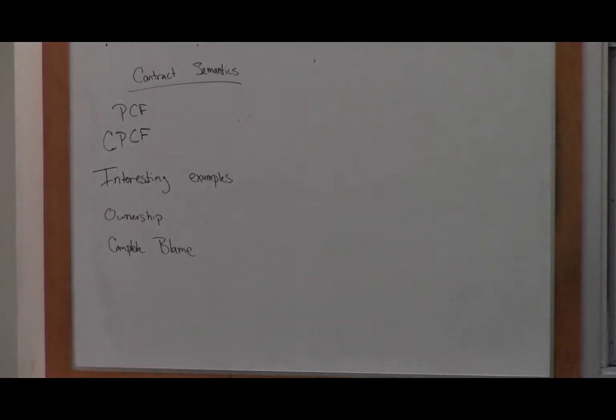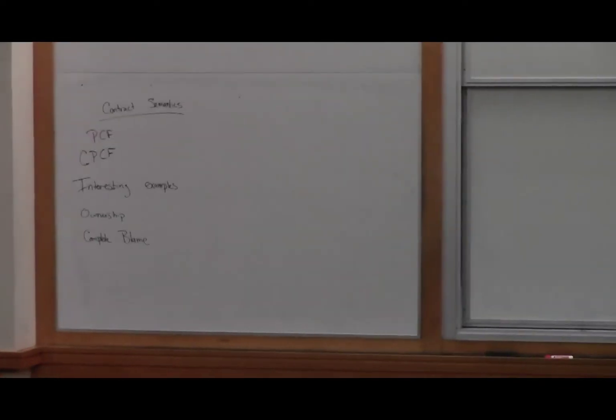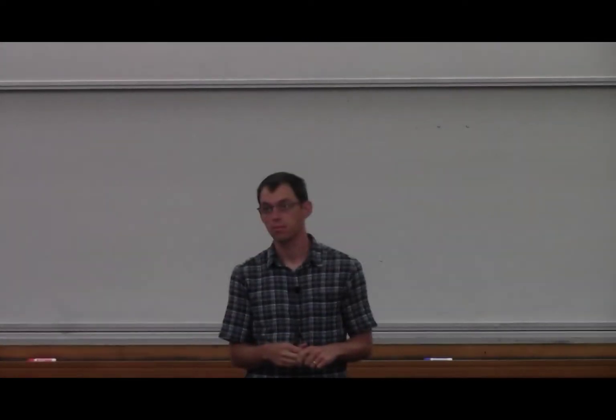Then we're going to look at a concept of ownership and how we can formalize that in our language, and then use that concept of ownership to describe and state an interesting property of the contract system and see whether it holds depending on some choices we might make about that contract system.